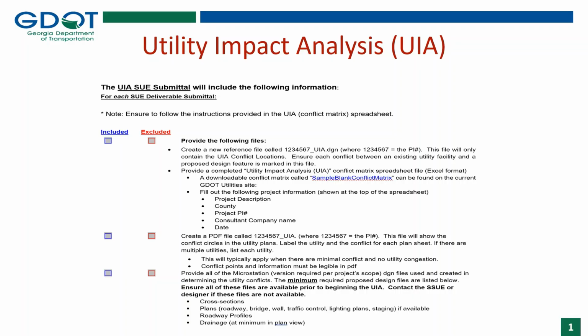It is important to remember that all of these files should be submitted with each submittal to GDOT. The final submittal will include the signed and sealed PDF of the UIA spreadsheet and the UIA checklist.